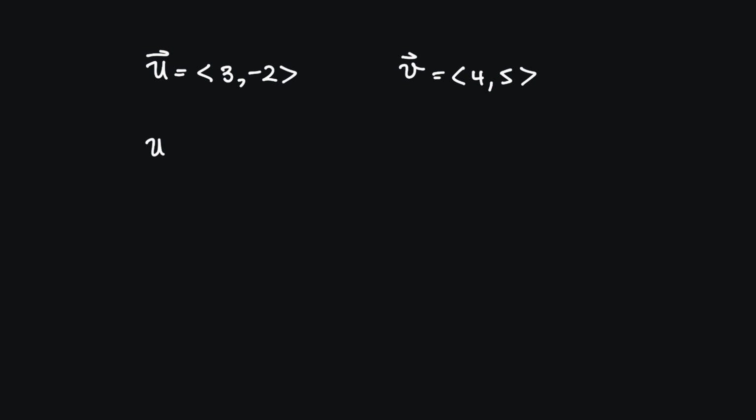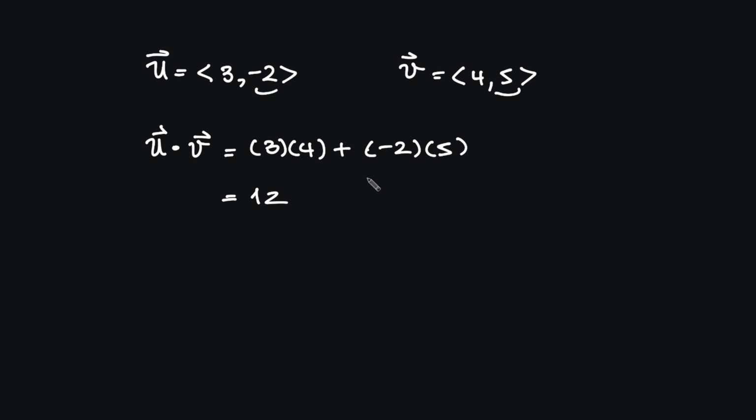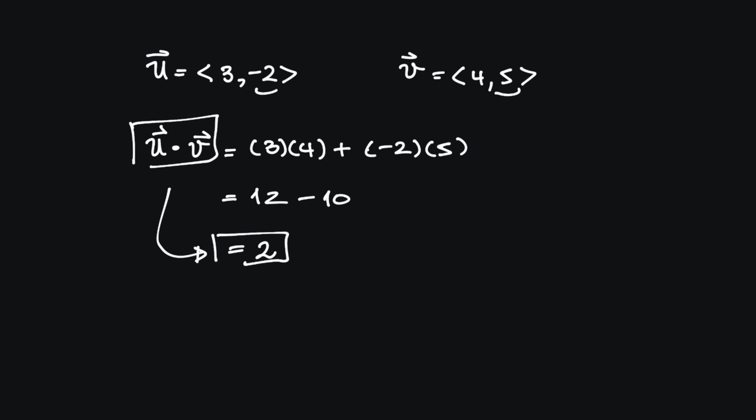Okay, so if we take the dot product of u and v, then again it will be the multiplication of the corresponding components, so 3 times 4, plus the multiplication of the vertical components, so -2 times 5. 3 times 4 is 12. -2 times 5 is -10. And 12 minus 10 will be 2. So the dot product of these two vectors will be 2.